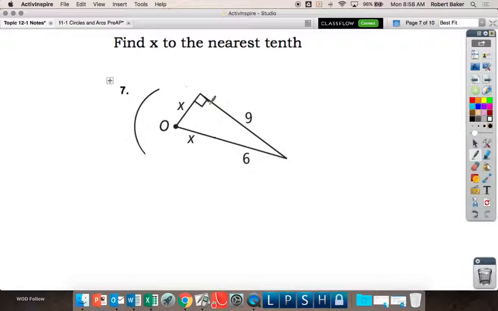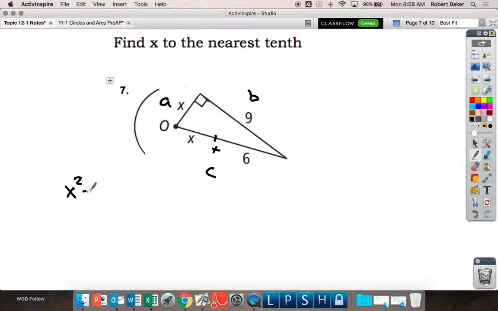So you have a right triangle, you have a squared plus b squared equals c squared. So if I'm using this as my right triangle, A, B, and C, the hypotenuse. So this whole length is x plus 6. So if I'm going to solve for x, I have to use Pythagorean Theorem. A squared plus b squared equals c squared.